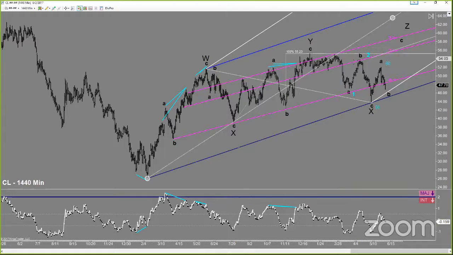So when you see price respect previous areas, that gives you confidence that the entire structure, or the entire pitchfork in this case, is being respected. So you can see a couple of different touches, one here and one there on that center median line as part of this pitchfork. So now we'd be looking for potential support back down to the bottom of the pitchfork, just that lower median line.